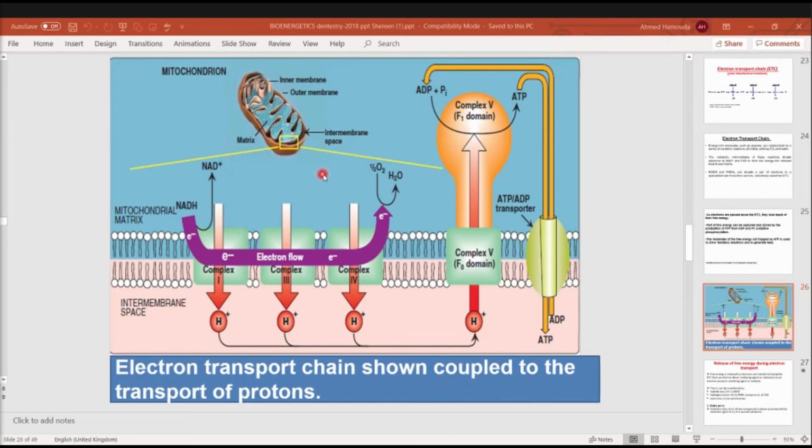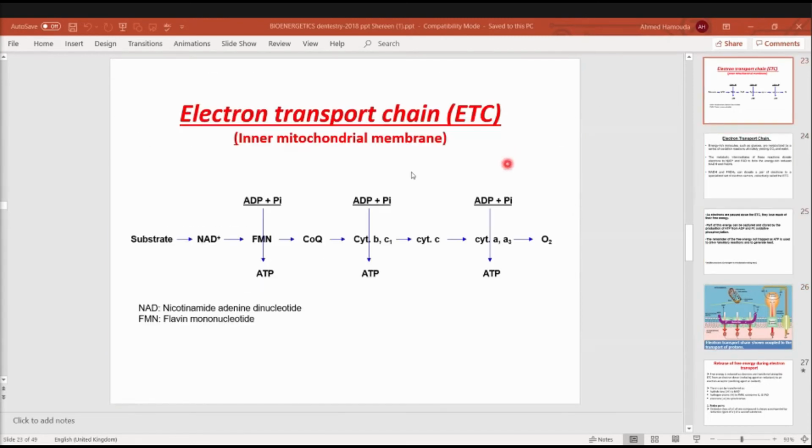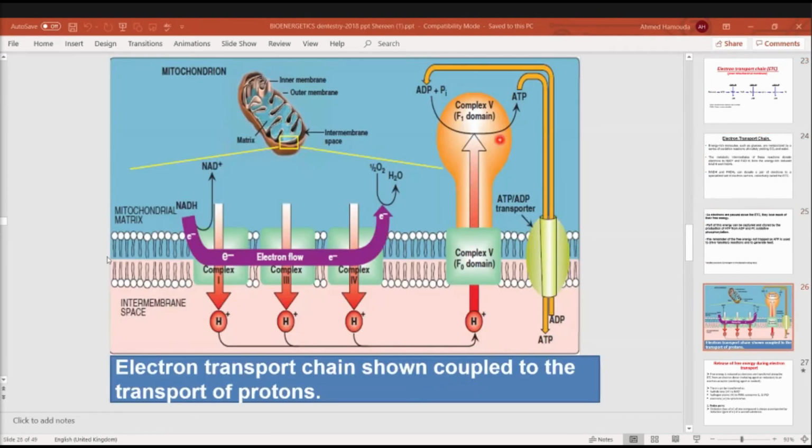Where exactly in the mitochondria? The answer is the inner mitochondrial membrane. This is the mitochondria. This is the matrix, like the cytoplasm of the mitochondria.